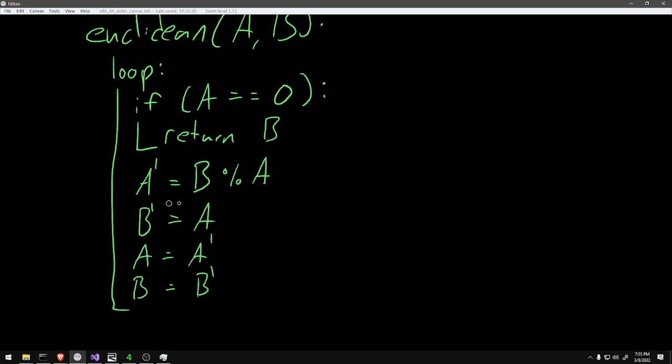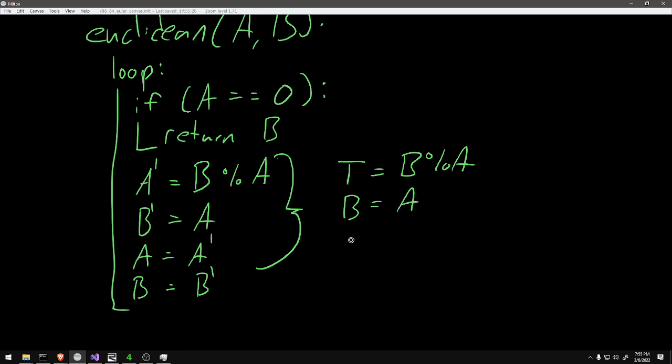Now I could tidy this up real quick. So B prime is just moving A over. So yeah, this could be rewritten as temp equals B modulo A, B equals A, A equals temp.